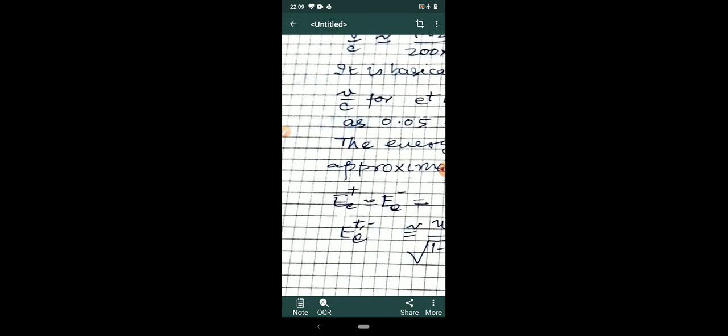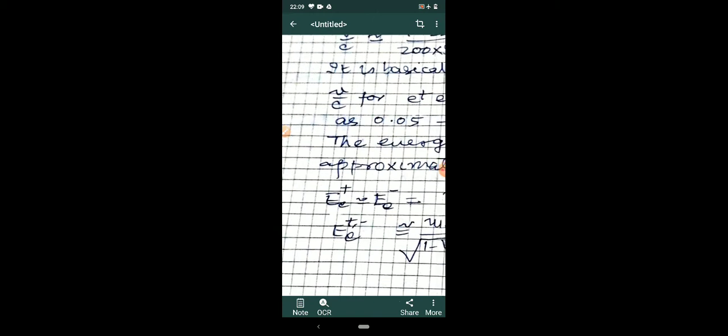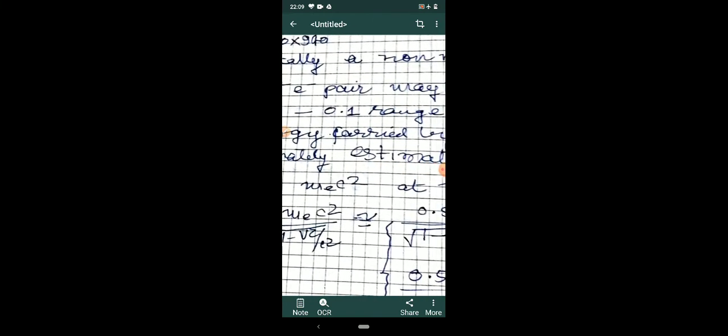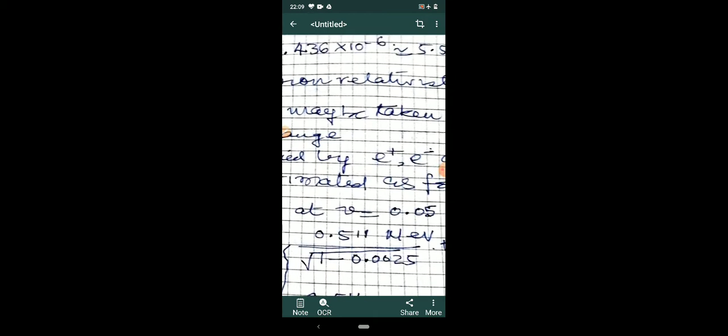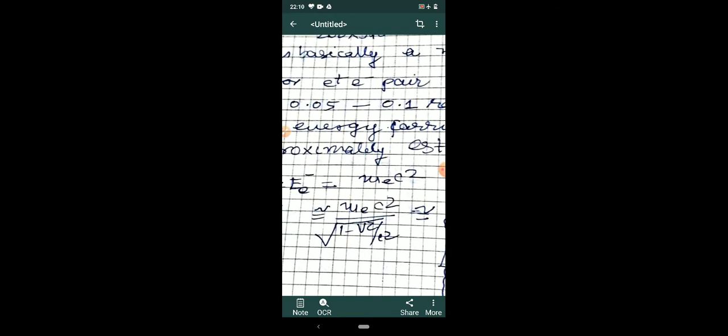Then we estimate the energy carried away by the electron and positron, assuming them to be equal. The characteristic energy that they take is nearly m_e c² upon the square root of 1 minus v²/c², where m_e is the characteristic rest mass of the electron and positron.